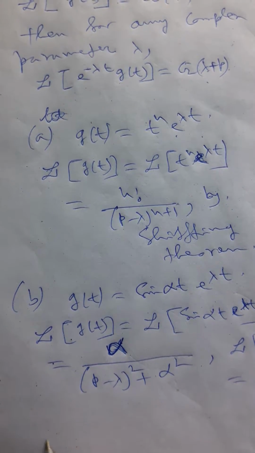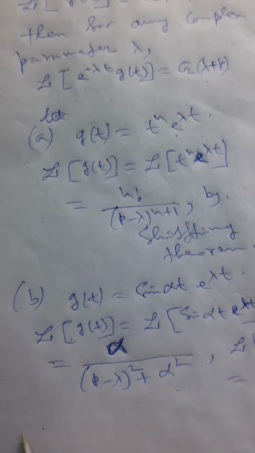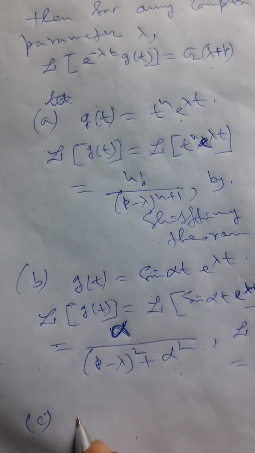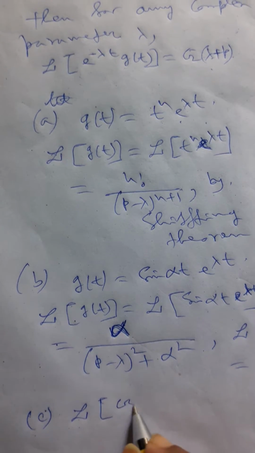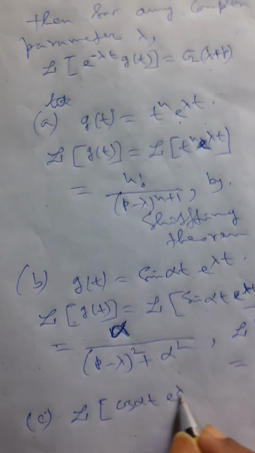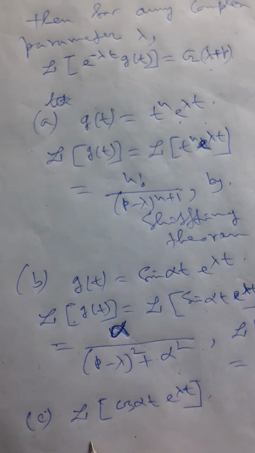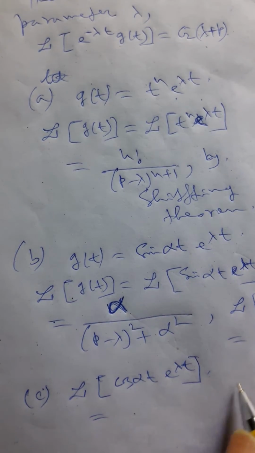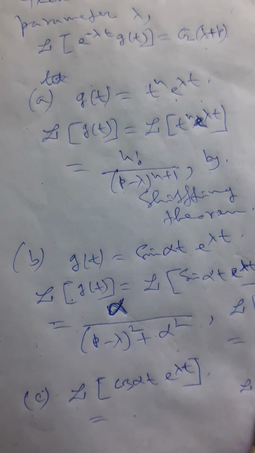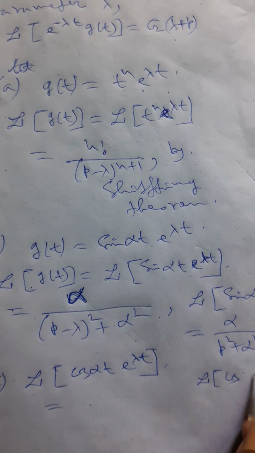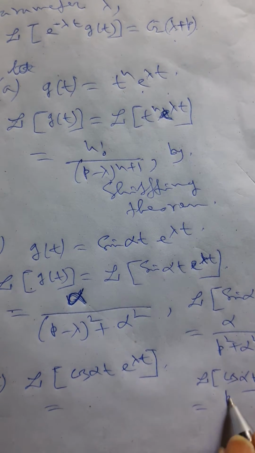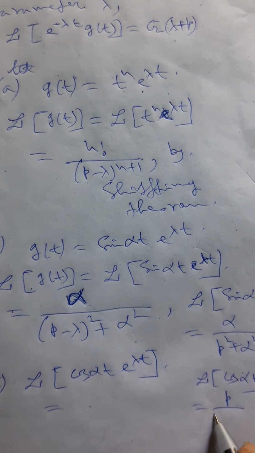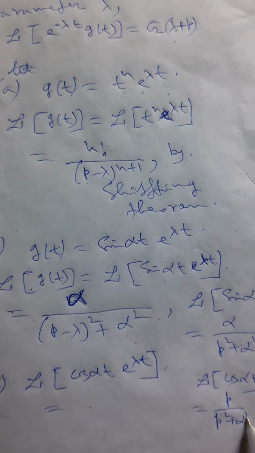Now if we consider another example, the Laplace transform of cos of alpha t e to the power lambda t. Similarly, we know the Laplace transform of cos of alpha t is p by p square plus alpha square.